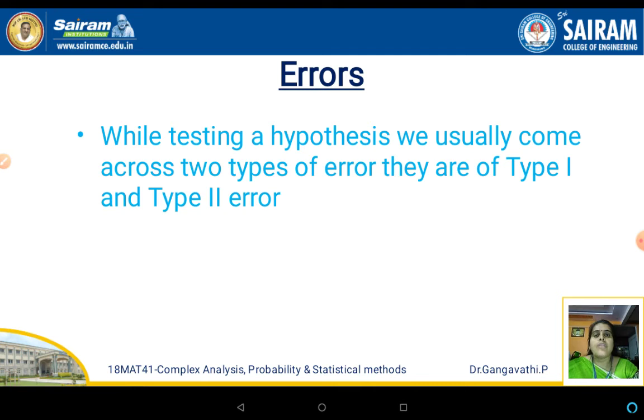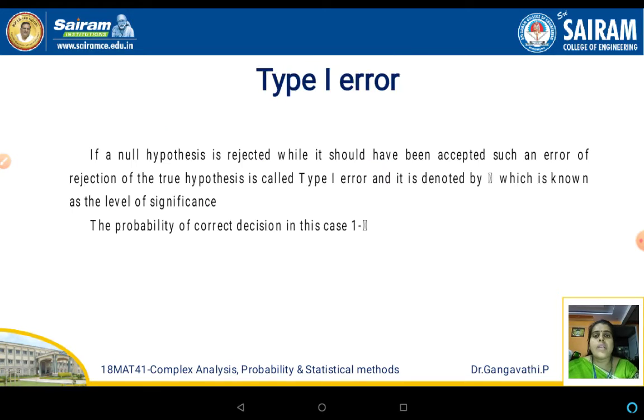Here you must also know the errors that are going to be discussed in this topic. While testing a hypothesis, we usually come across two types of errors: type 1 error and type 2 error. What is a type 1 error?